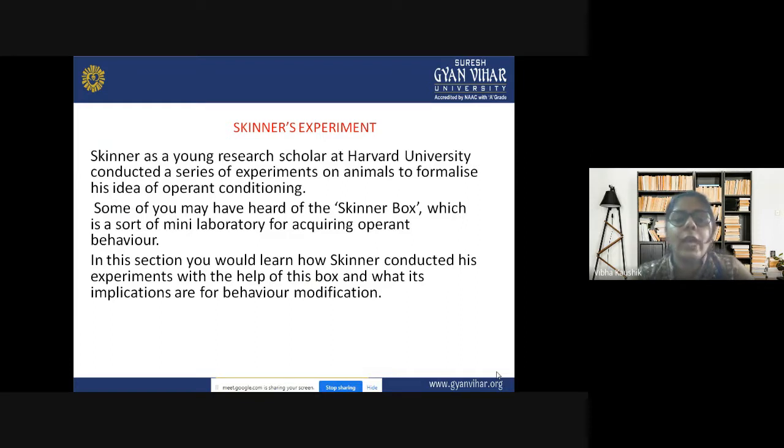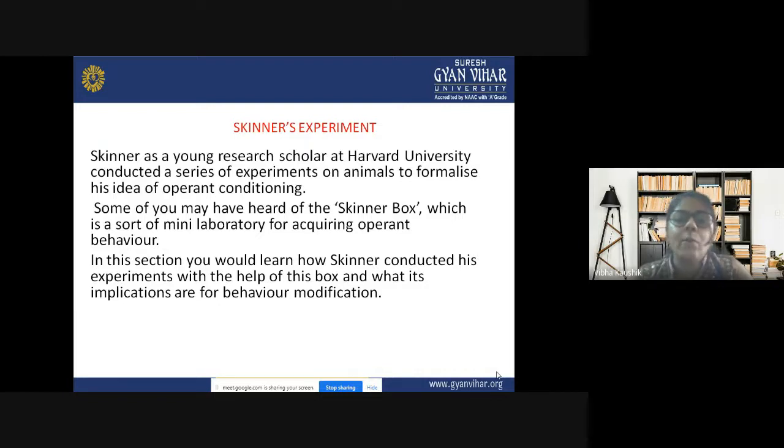Some of you may have heard of the Skinner box, which is a sort of mini laboratory for acquiring operant behavior. For conducting a series of experiments on animals, Skinner had developed the Skinner box.